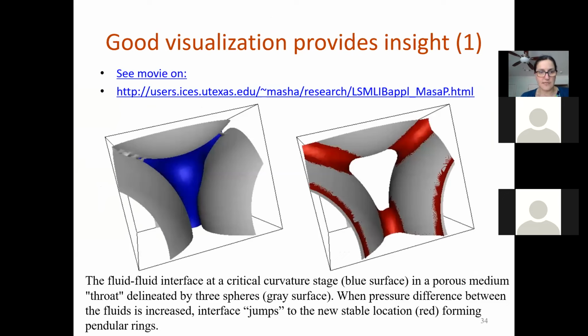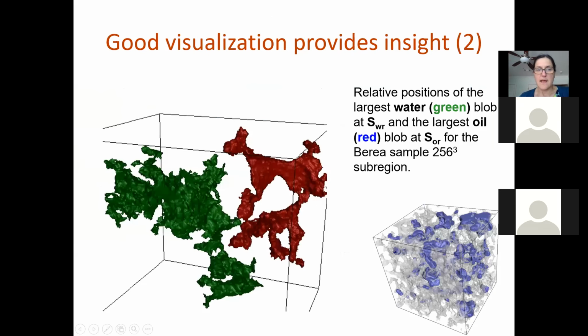This unfortunately is not online anymore, so I did not embed the video here. This is visualization actually from my PhD work. I was analyzing experimental data on imbibition and residual saturations, both during drainage and imbibition.